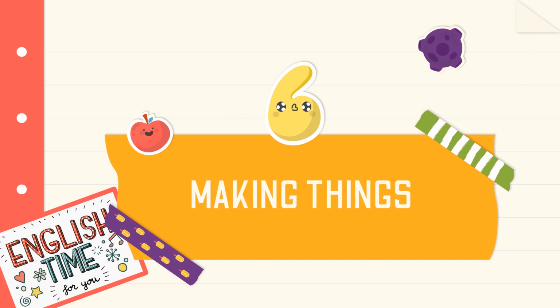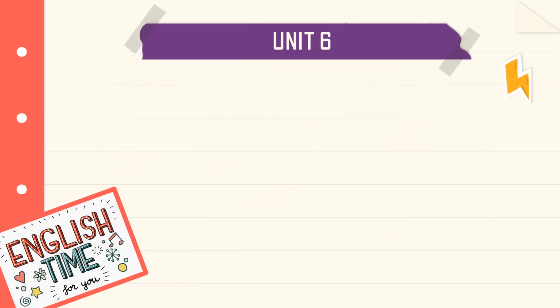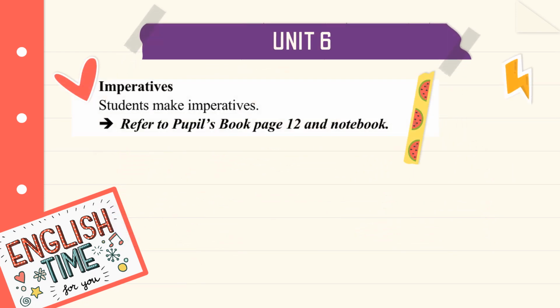Okay, let's start with Unit 6, Making Things. Is your paper ready? Okay, here we go. The first stop is imperatives. We're going to see how well you make imperatives, and you can check your pupil's book on page 12 and also your notebook for this.